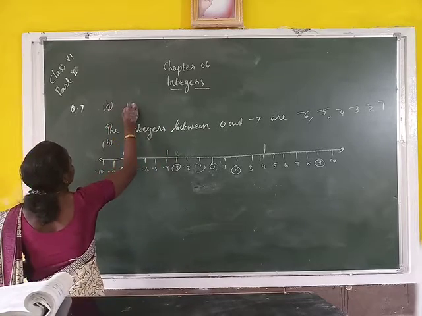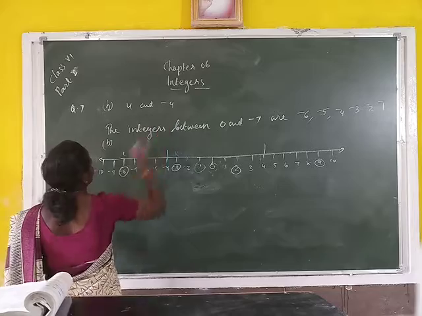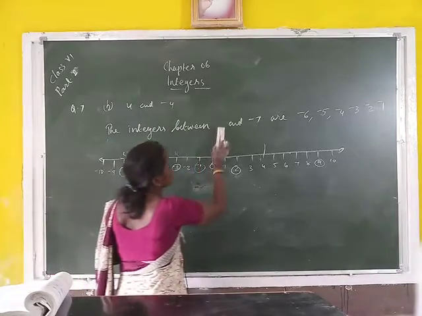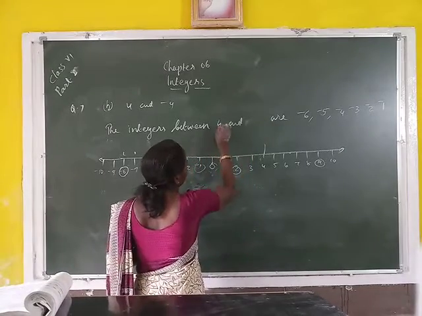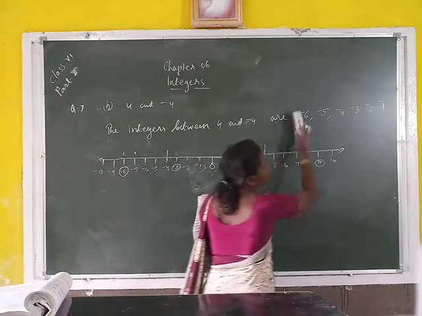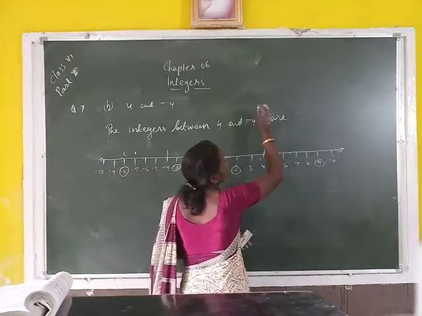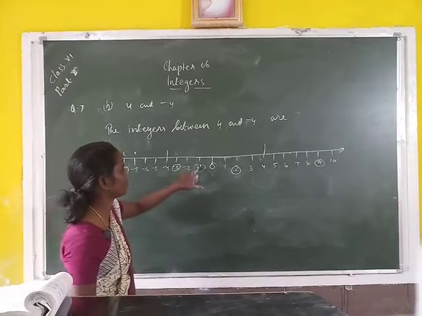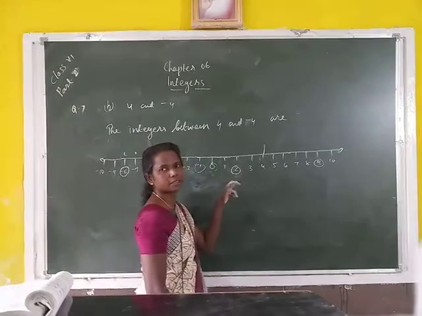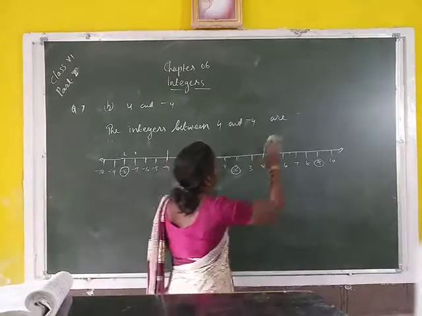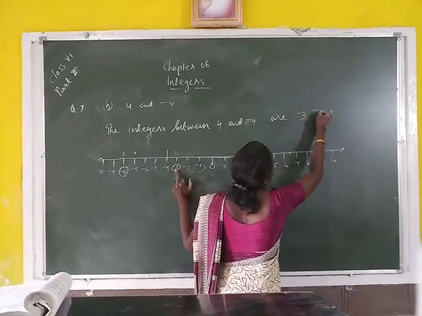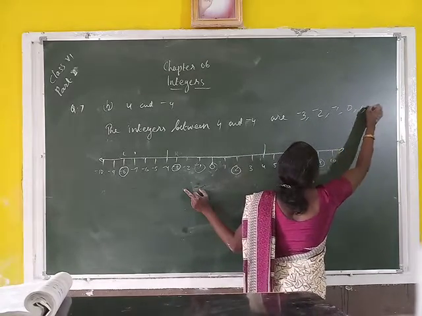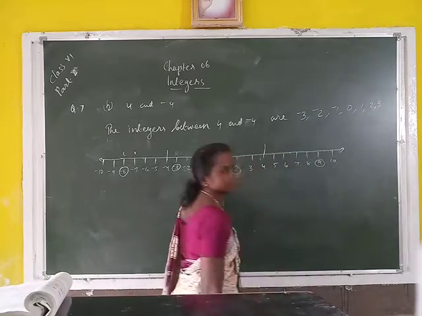The numbers are written in which order? Increasing order. Look at the number line: negative 3, negative 2, negative 1, 0, 1, 2, 3.